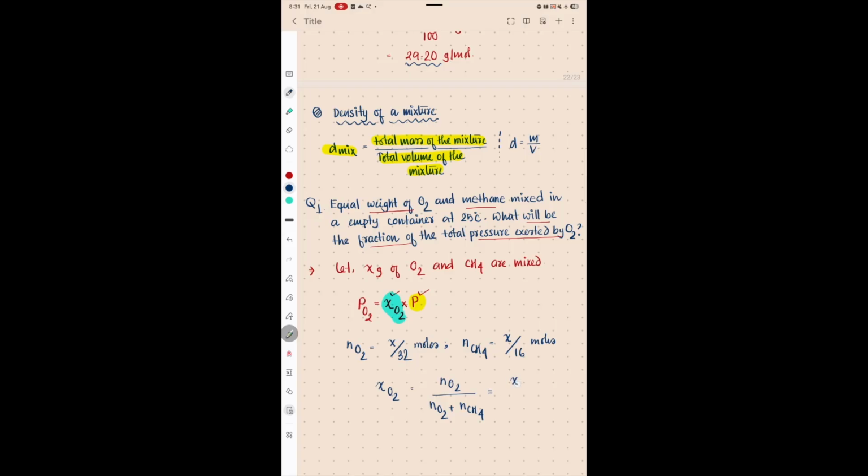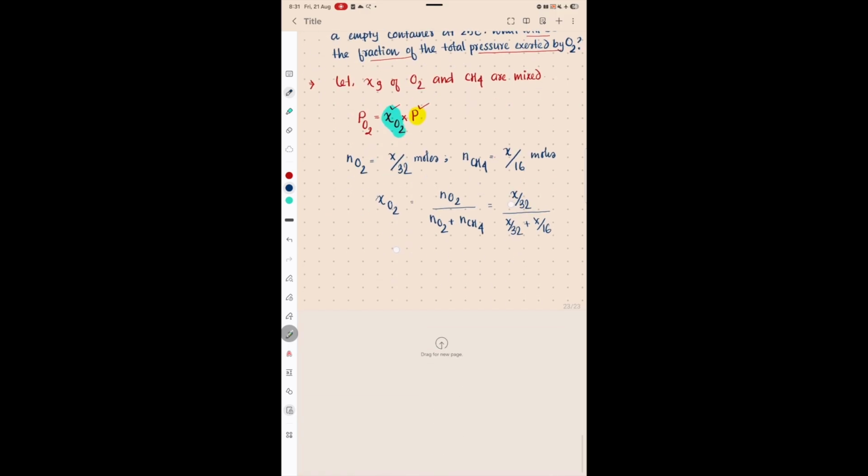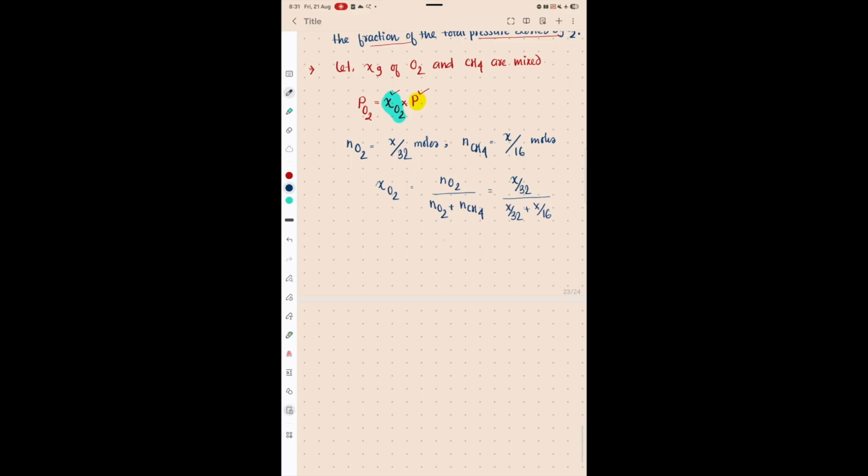So this is x upon 32 divided by x upon 32 plus x upon 16. If I try to solve this, x will cancel out, so 1 upon 32 divided by 1 upon 32 plus 1 upon 16, so this is basically 1 upon 3.